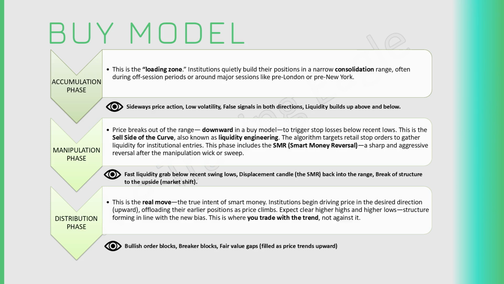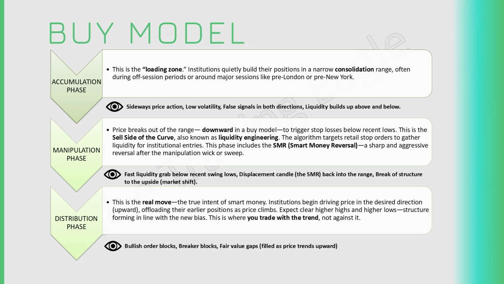This happens often during off session periods or around major sessions, like the Asian session, or pre-London or pre-New York, depending on when the algorithm intends to deliver the price or when the distribution is going to happen. That is when you will see the consolidation range.